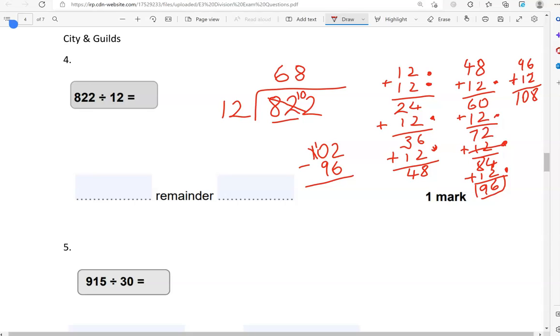So if I borrow 1 now, this becomes 9, and this becomes 12. So 12 take away 6 is 6, 9 take away 9 is 0. So we have 6 remaining. So 68, remainder 6.